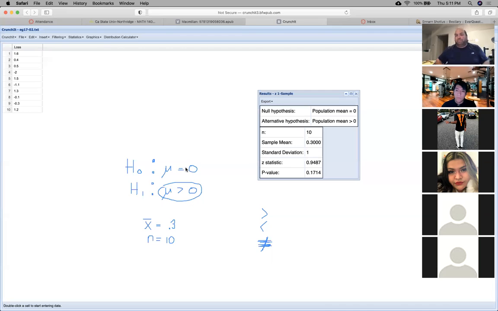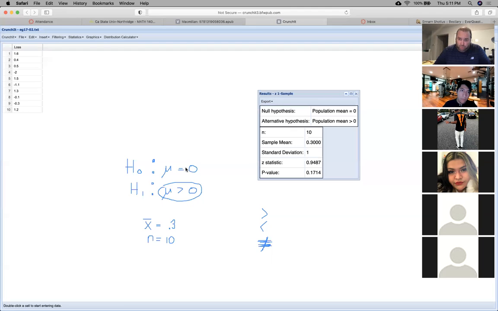So what is considered a big p-value? That's a great question. So again, 17%? No, not 50%. Usually the rule of thumb is 5%. Anything above a 5% chance of occurring is not considered unusual. It might be unlikely, but it's not unusual.